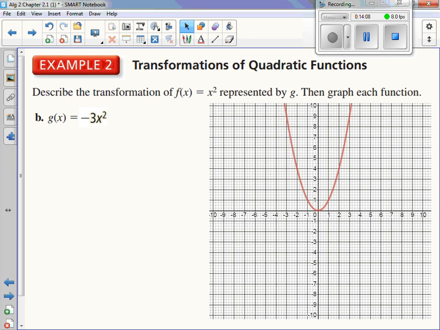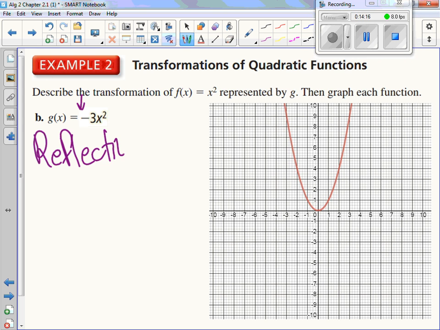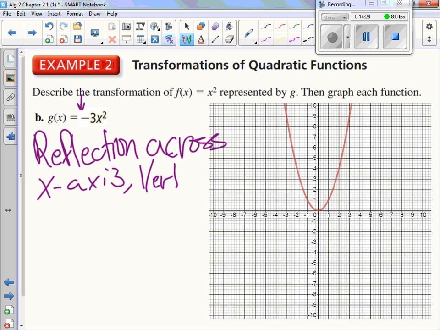Here we have two things going on. The negative tells me what? Across the, what do you think, Eric? Yep. And then we have what, a vertical, Michaela, do you know? Stretch or shrink? Stretch by a factor of what?